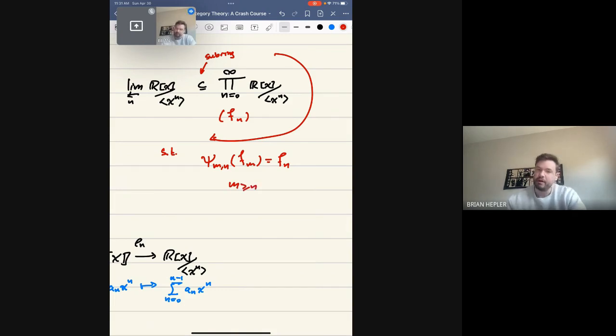We want these to be compatible in a way. Compatible elements.